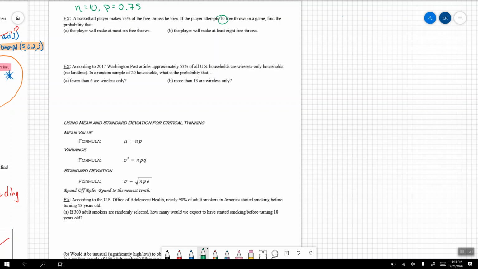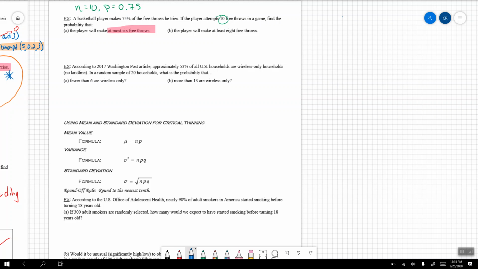So now that we know that this satisfies a binomial distribution, let's see if we can start finding these outcomes. So find the probability that the player will make at most 6 free throws. That's what I want to key in on. At most 6 free throws.